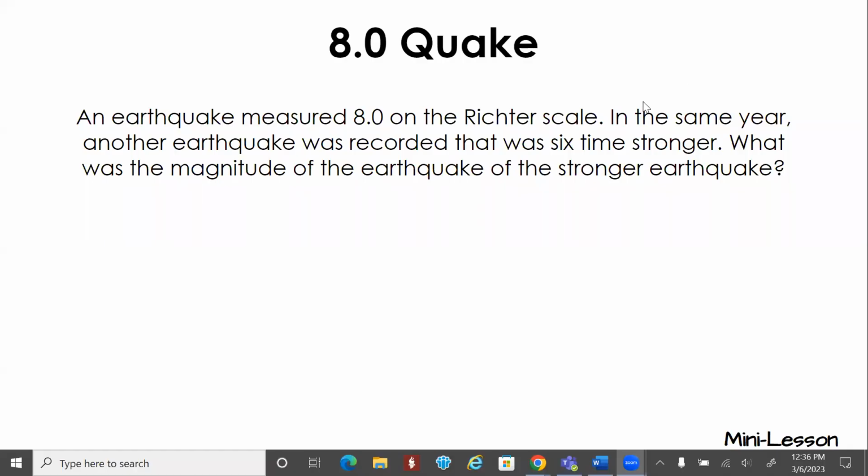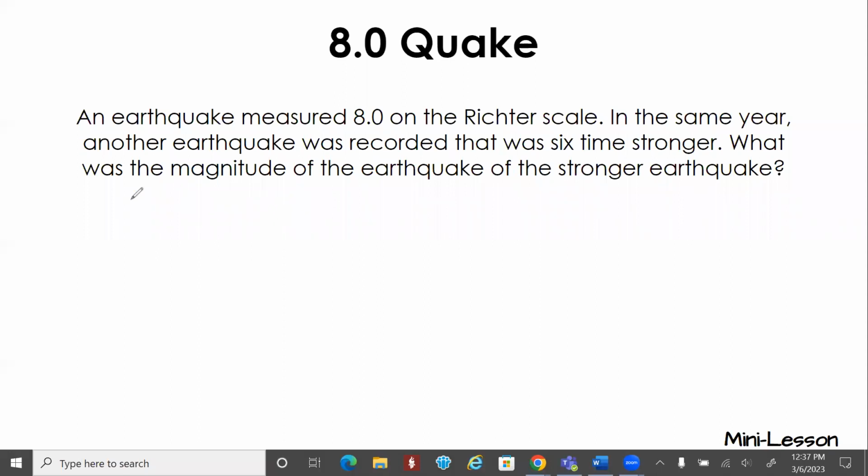All right, so on this one, it says an earthquake measured 8.0 on the Richter scale. In the same year, another earthquake was recorded that was 6 times stronger. What was the magnitude of the stronger earthquake? So basically, we're talking about 2 different earthquakes.